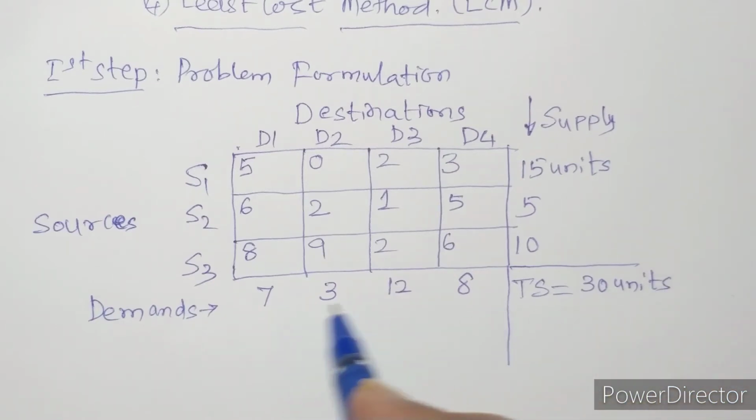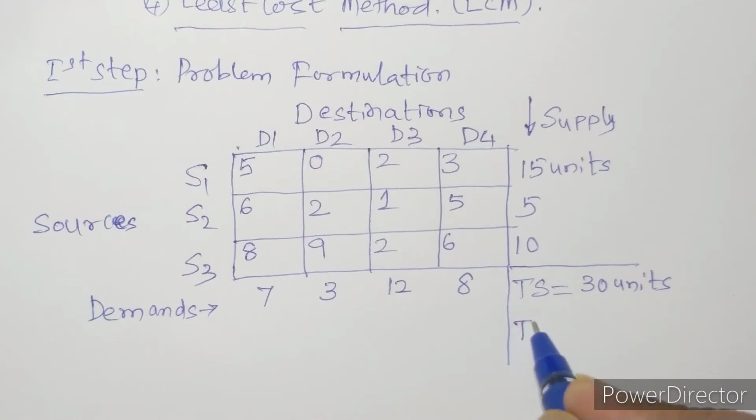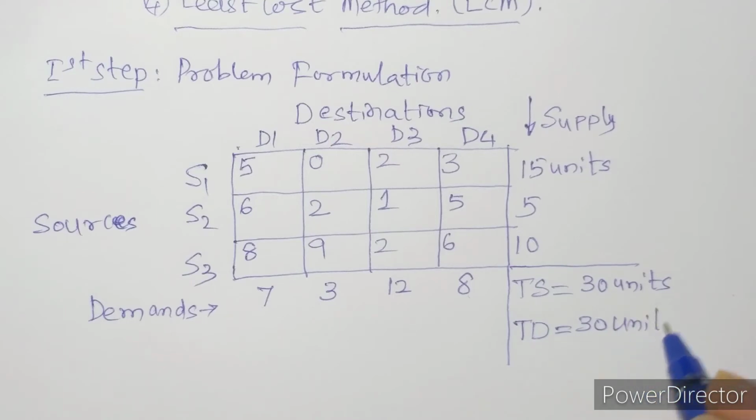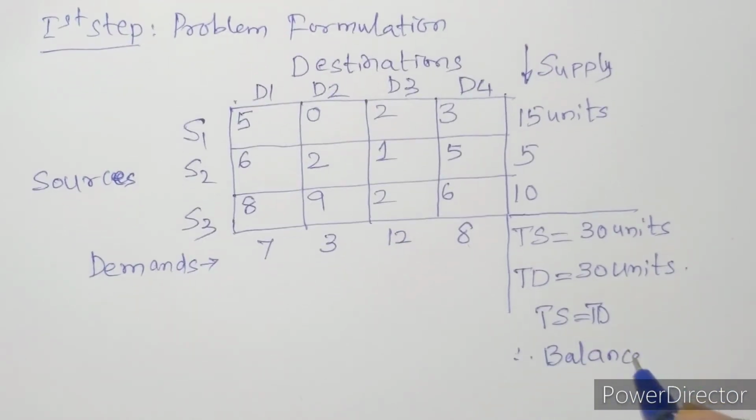Next we take the sum of all the demands from the dealers, TD: 7 plus 3 is 10, 12 plus 8 is 20, so 20 plus 10 is 30 units of demand. Now TS is equal to TD, therefore we can say this is a balanced transportation problem.